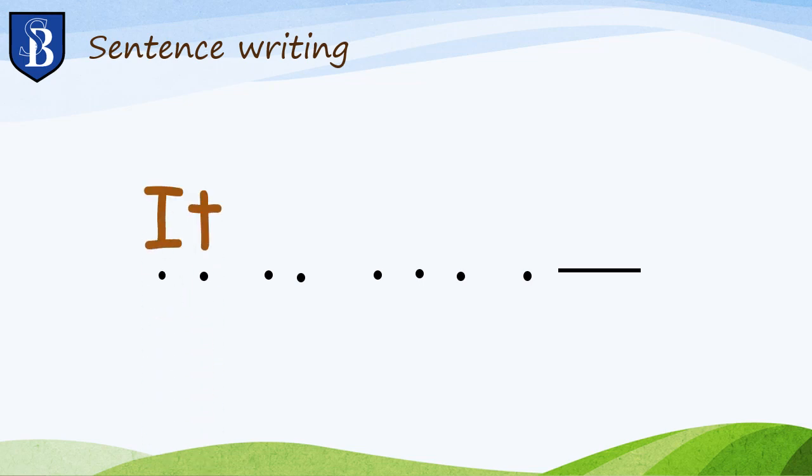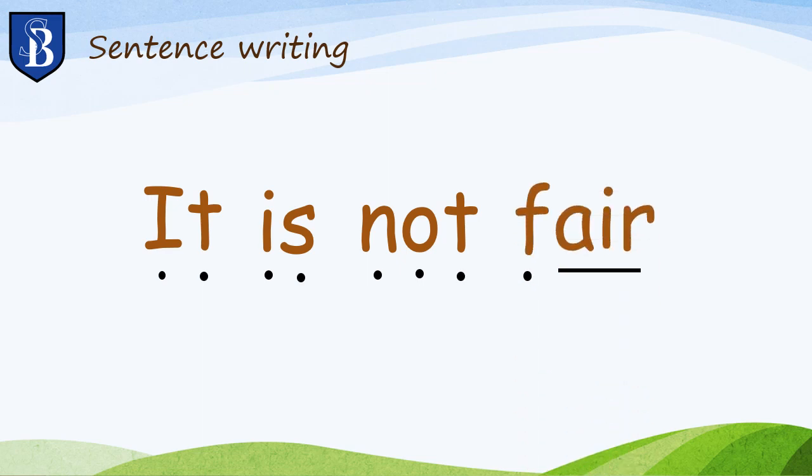It. I-T to write the word it, and it needs a capital letter because... That's right, because it's the start of a sentence. It is. I-S is. It is not. N-O-T. Not. And finally we wanted the word fair. F-A-I-R. Fair. It is not fair.